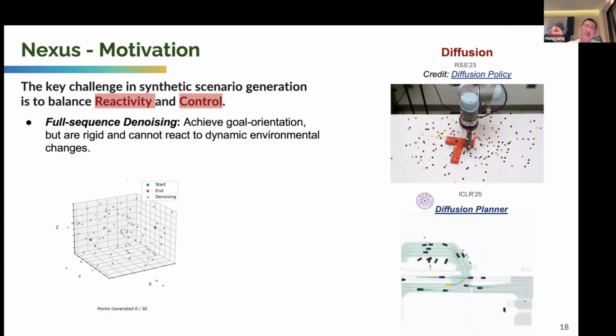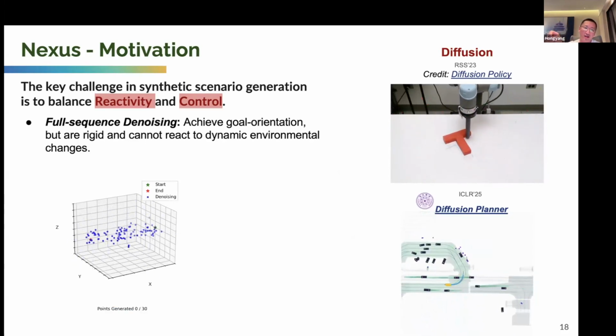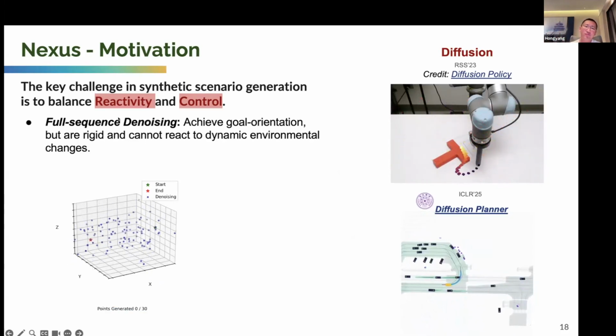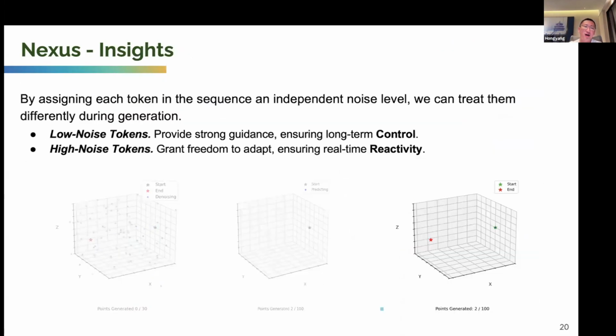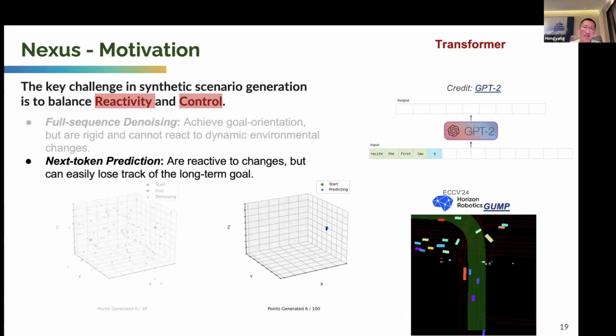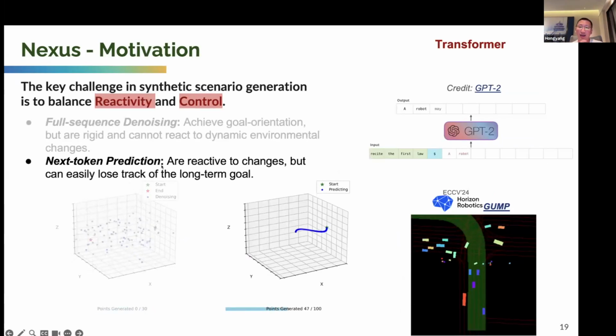I mean, it has a very clear target, but is rigid and cannot react to dynamic environment changes. And we also have next token prediction. This is another line of work, which resembles GPT-2. It is very reactive to changes because you predict the next tokens, right? But it can easily lose track of the long-term goal.